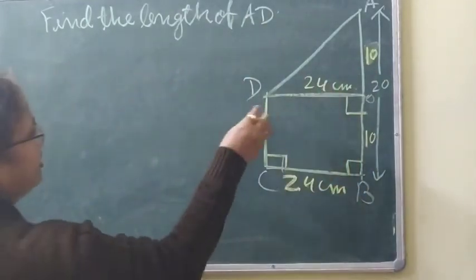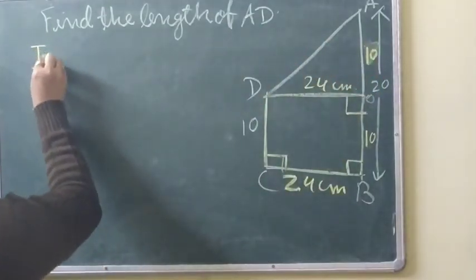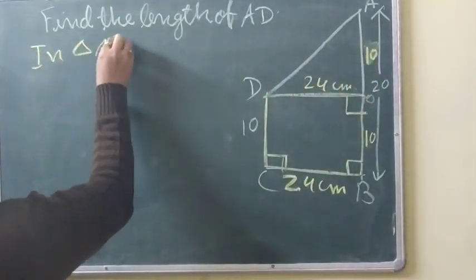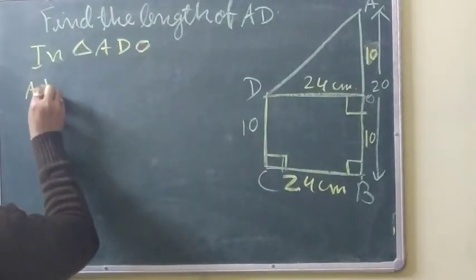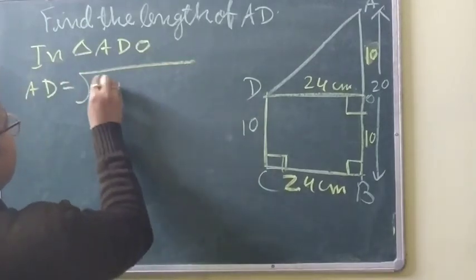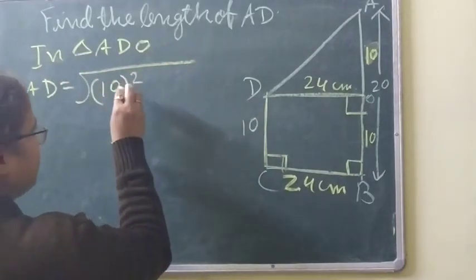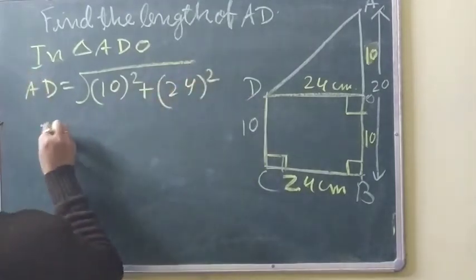Okay, so now find out. This one is 24, this one is 10. So in triangle ADO, what can we write? AD is equal to the square root of the square of 10 plus the square of 24.